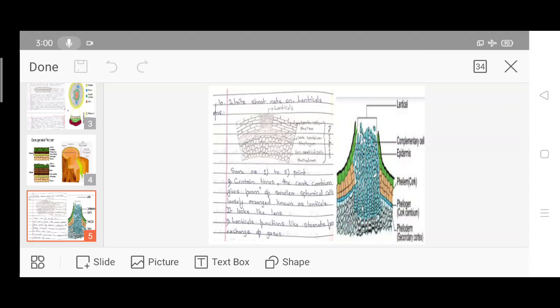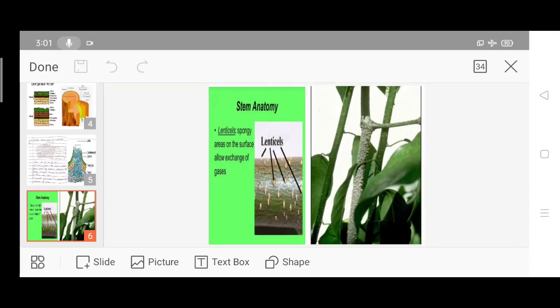At the inner side there is the phelloderm, that is the secondary cortex, then phellogen is the cork cambium, phellem is the cork, and then there is the epidermis, and the blue colored cells are small spherical cells which are loosely arranged. These are the lenticels.